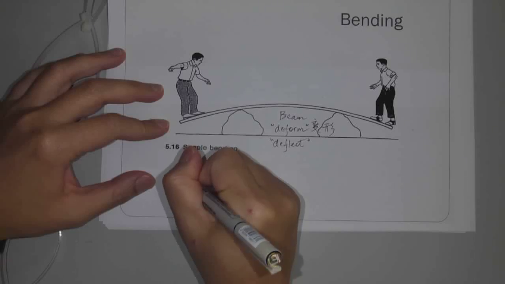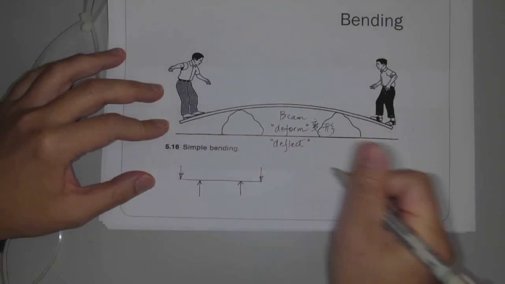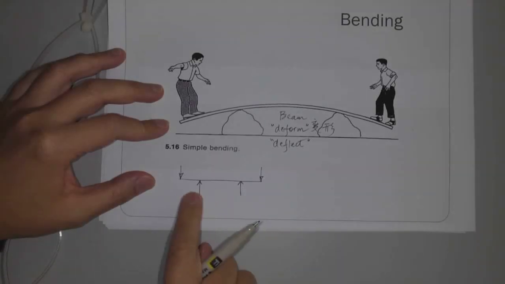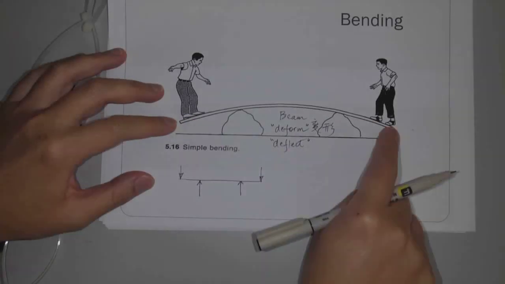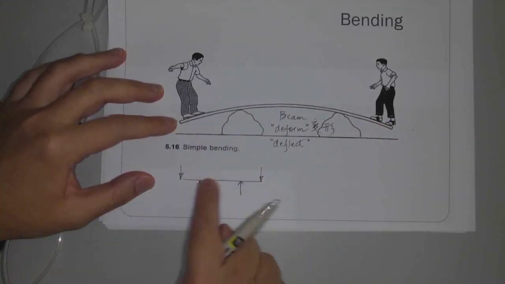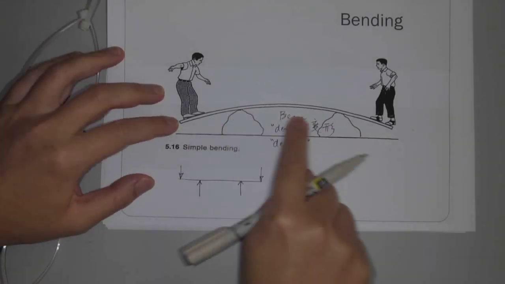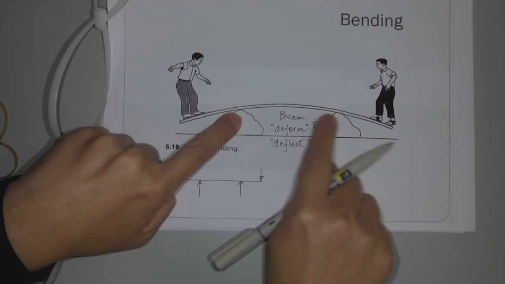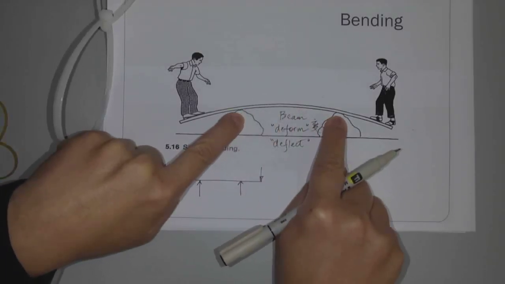So I've got one concentrated load here, and another concentrated load there. Originally, of course, it's straight. But once you put the load, it bends, and it bends like this. And bear in mind, of course, at these two points, the beam is always in contact with the supports.